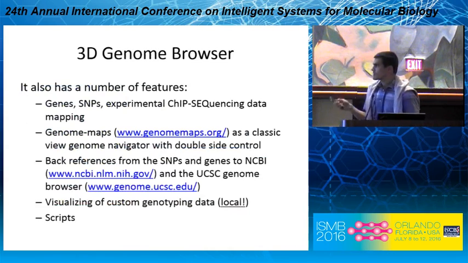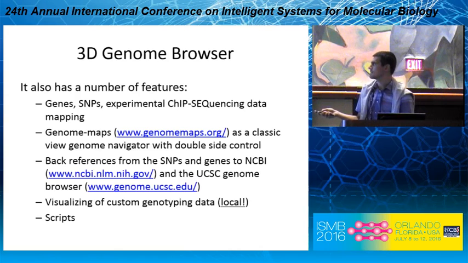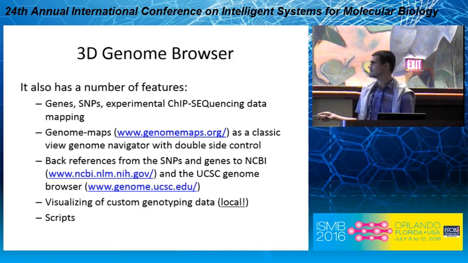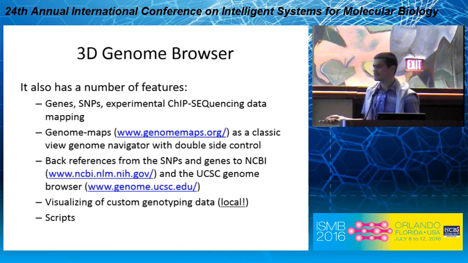So the 3D genome browser also has a lot of useful features like gene SNPs mapping. We have back references to external resources like UCSC and NCBI. Also, which is pretty interesting, we can visualize custom genotyping data.